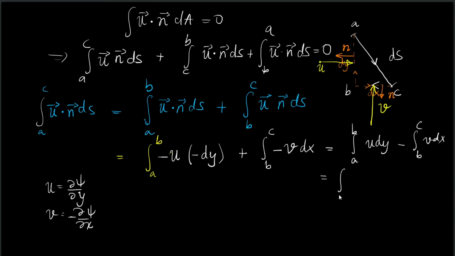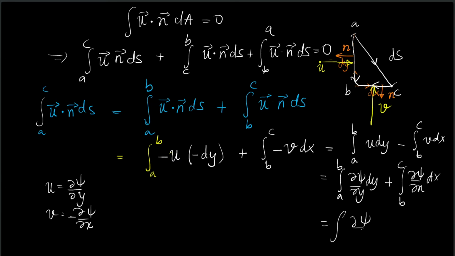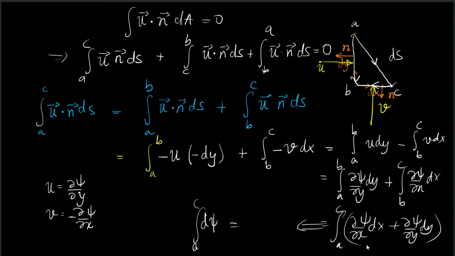So this becomes the integral from A to B of del psi del y dy plus the integral of del psi del x dx going from B to C. Now the integral from A to B to C is tantamount to one single integral from A to C through B. So this becomes the integral of del psi by del x dx plus del psi by del y dy going from A to C, and this is essentially the integral from A to C of d psi, because by the very definition of the chain rule this is equal to d psi, and this simply becomes psi C minus psi A.